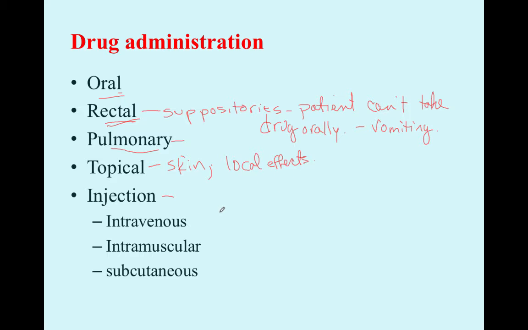Then you have several different types of injections. Intravenous goes right into the vein. Intramuscular, as the name sounds, goes into the muscle: thigh, sometimes the buttock, sometimes the arm, a lot of the time. And then you have subcutaneous, and that goes into the skin or just directly under the skin.